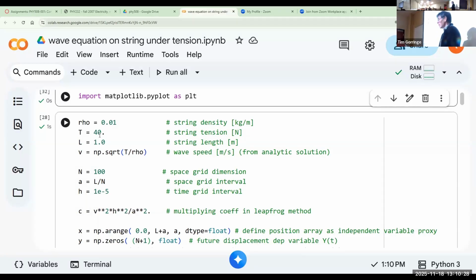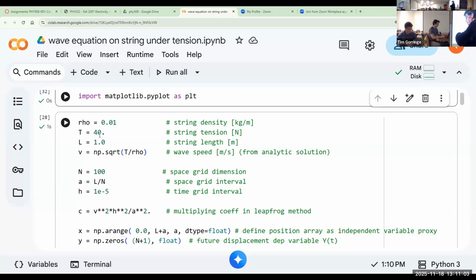The two other parameters that came up in the wave equation were the tension under which the string is held and the mass per unit length of the string, the T and the rho. I just picked some numbers: 4 newtons for the tension, and 10 grams per meter for the mass of the string. I just made these numbers up.